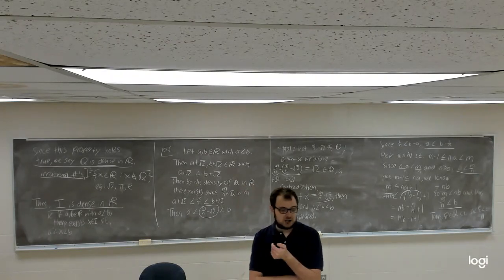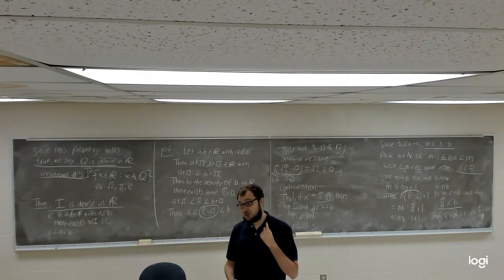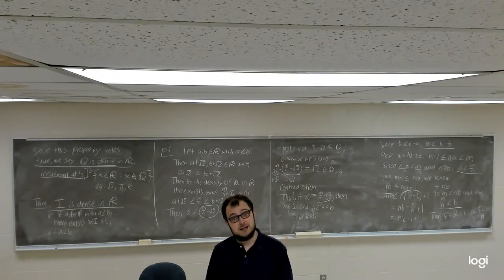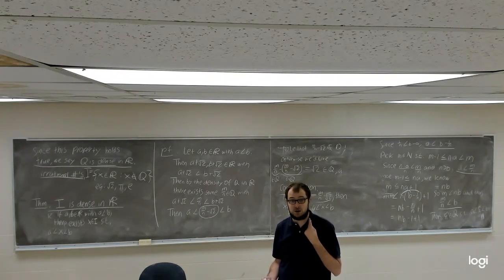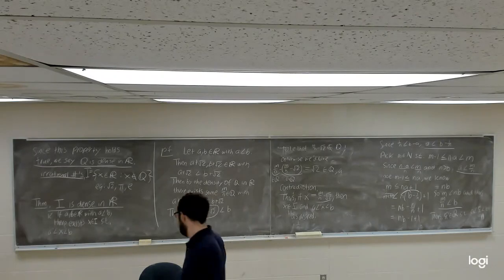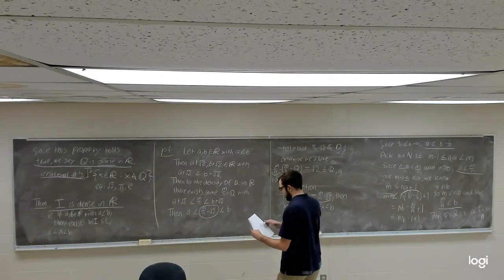And from there, you can actually prove, which you will do on your next homework, that if there's always at least one rational number between a and b, there have to be infinitely many. And if there's at least one irrational number between a and b always, there have to be infinitely many. That is some gnarly stuff, if you ask me.